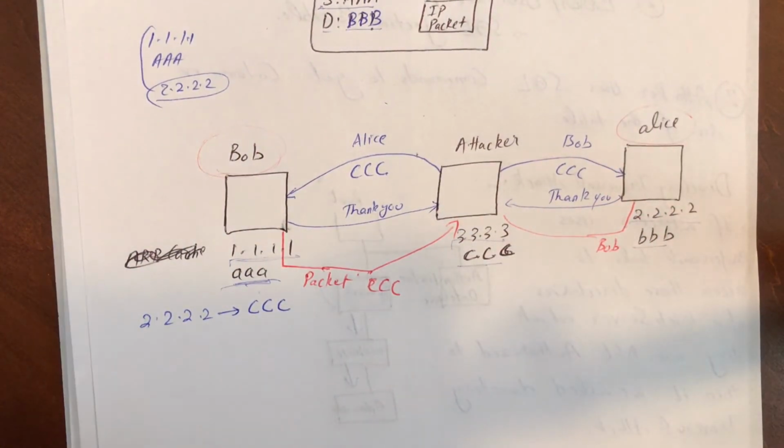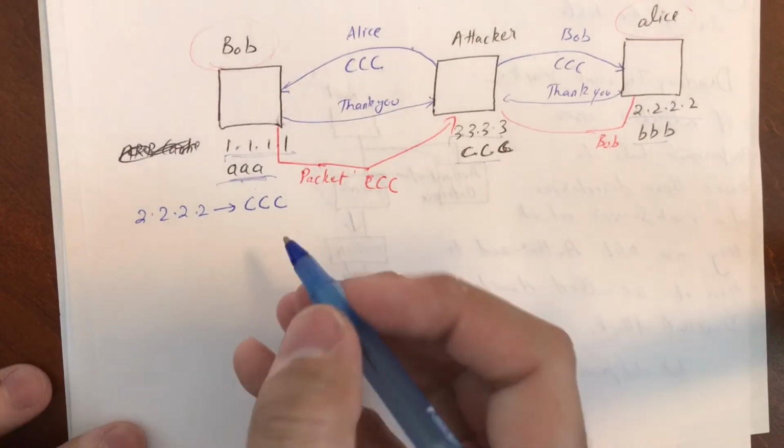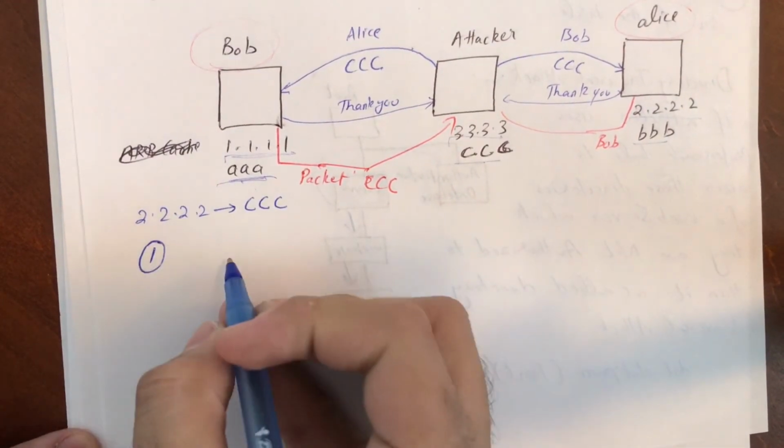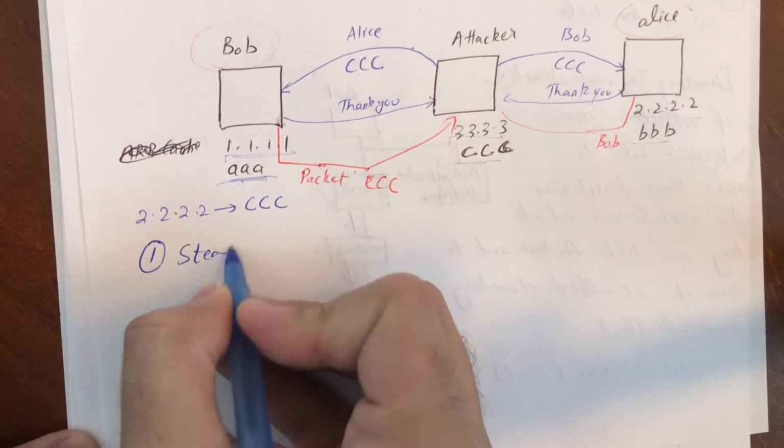So what could be the problems, or what are the possibilities? By executing ARP poisoning, the attacker can steal data.